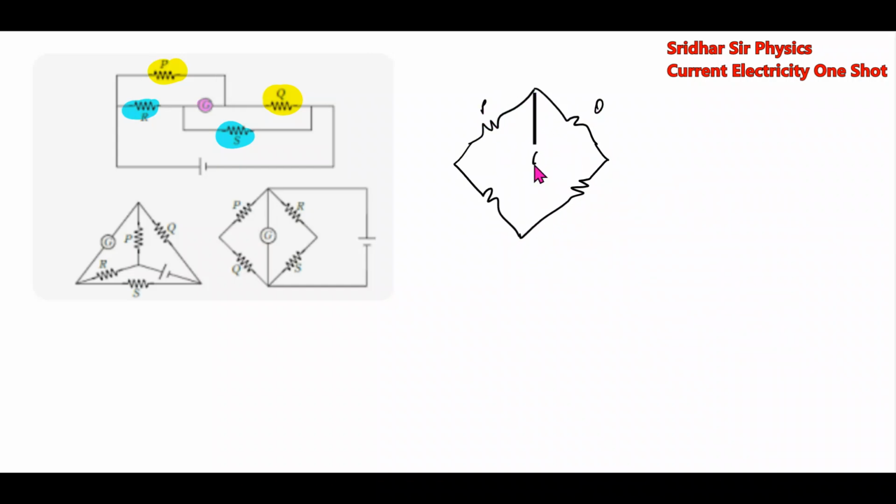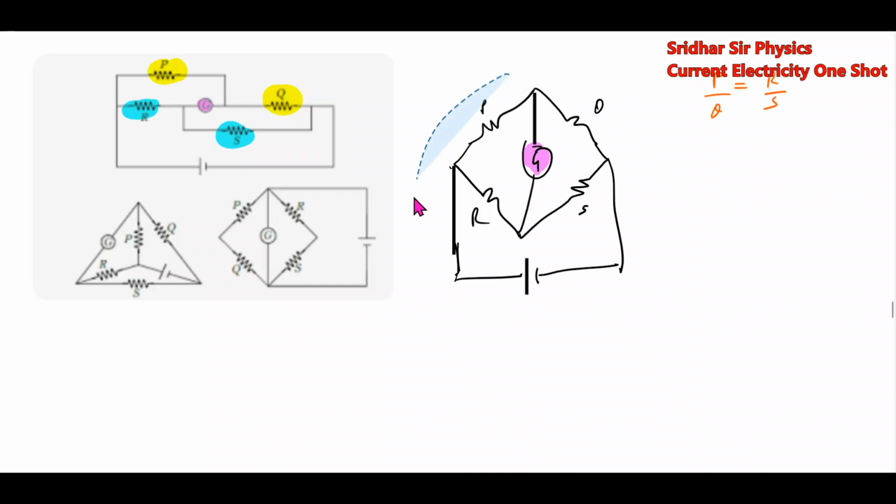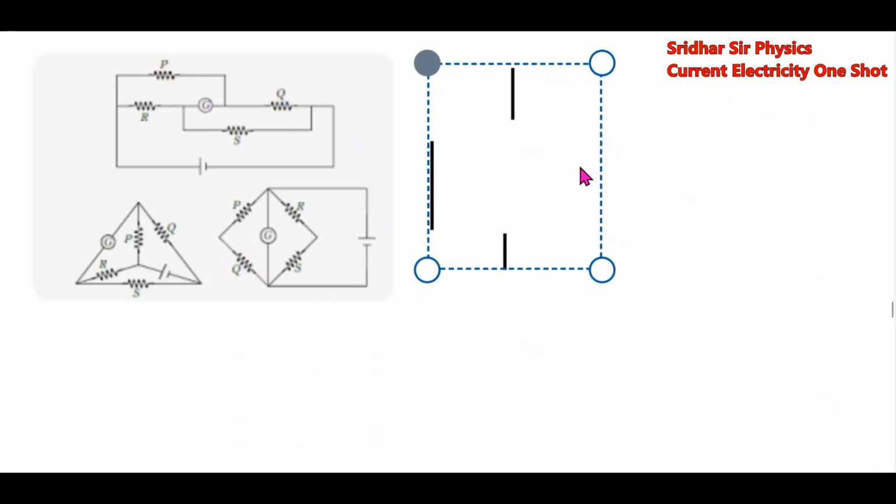P, Q, galvanometer, R, S. The same Wheatstone network, only it is connected in a different way. Then what is the condition? P by Q equal to R by S. If this condition is satisfied, we can remove that galvanometer.